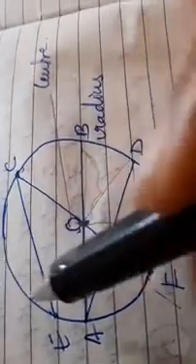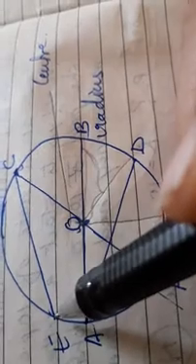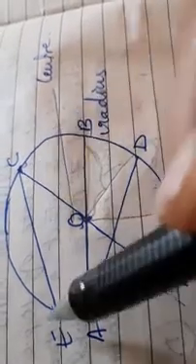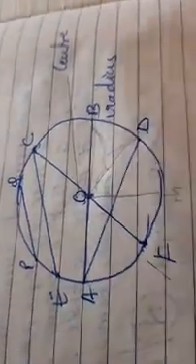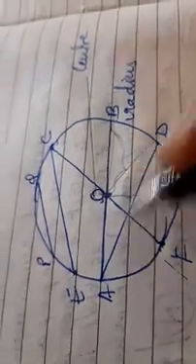What is a chord? A chord is a line joining two points on the circle. I can draw one more chord here, PQ, it is joining the two ends of the circle, right? This is an example I've given you.